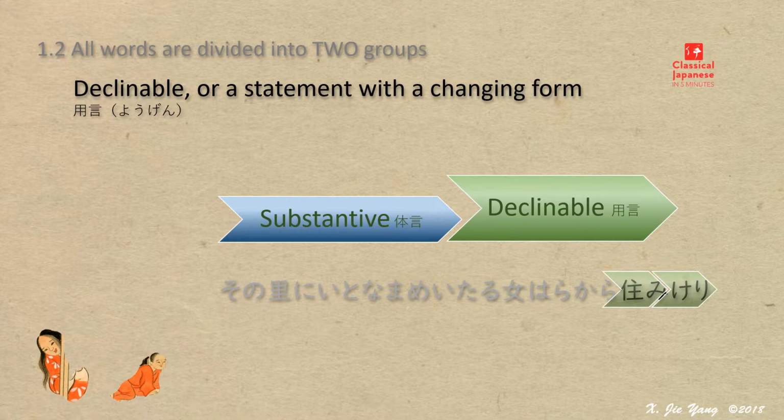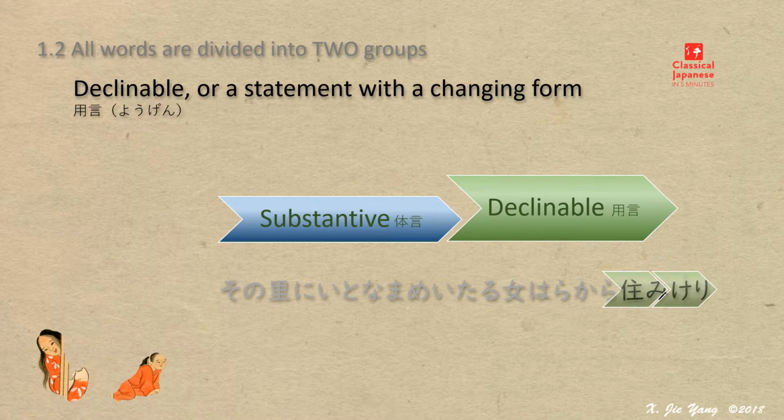Normally, they are statements, such as a verb, adjective, etc. On the other hand, so-called substantive do not change. They always stay as a fixed form and have a very solid formed content. Normally, they are place names, person names, and various basic nouns.